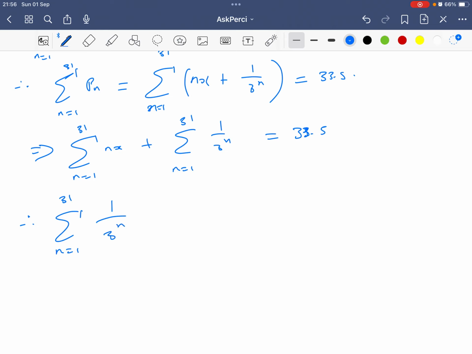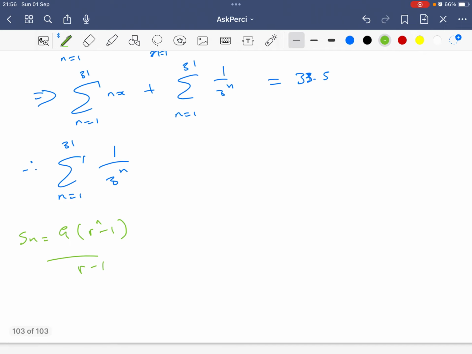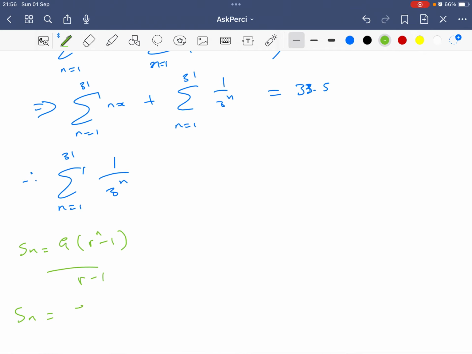It's a geometric sequence, and with a geometric sequence we have two options. If you remember, we have Sn equal to a times r power n minus 1 over r minus 1, or we have another one that says Sn is equal to a times 1 minus r power n over 1 minus r.